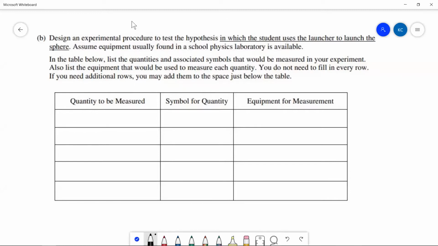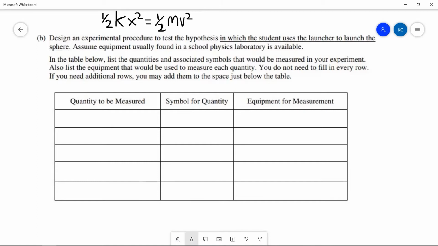So as I said earlier, we're going to be using our energy conversion from the initial spring potential energy into kinetic energy, 1/2 kx squared into 1/2 mv squared. So for our experiment, we're going to have to figure out x, m, and v in order to determine k.